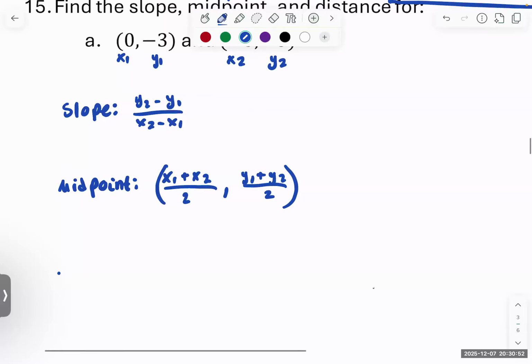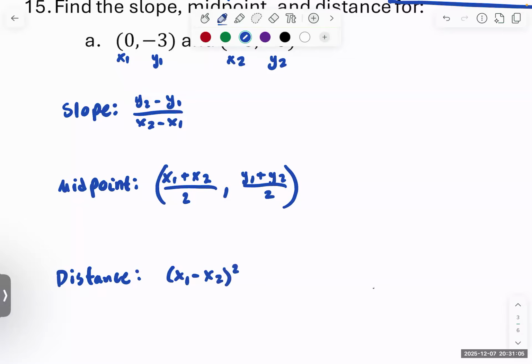And the distance formula is x1 minus x2 squared plus y1 minus y2 squared, all under the square root symbol.